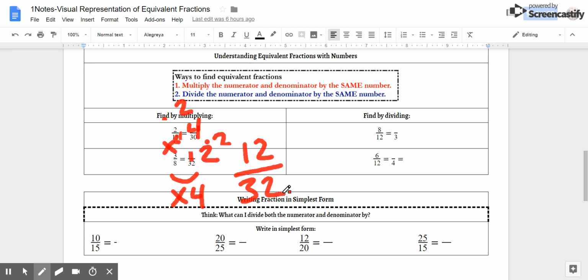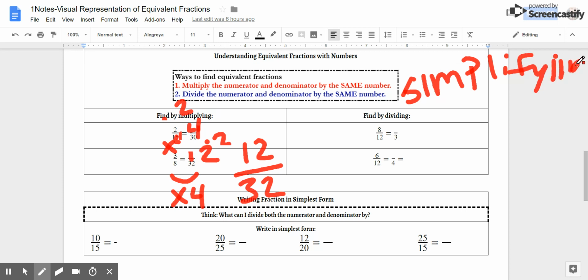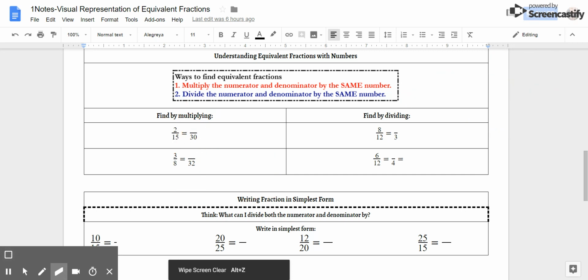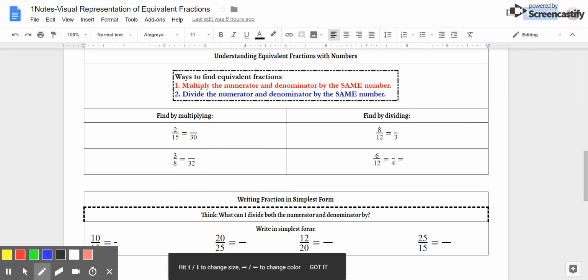We can also find equivalent fractions by dividing. This is also called, take a guess, if you guessed simplifying fractions, you win. So when we divide, we're really simplifying fractions. So how do I get from 12 to 3? Well, I divide by 4.